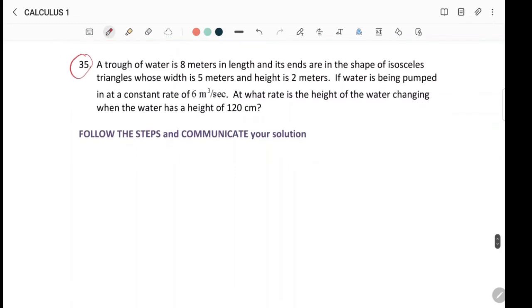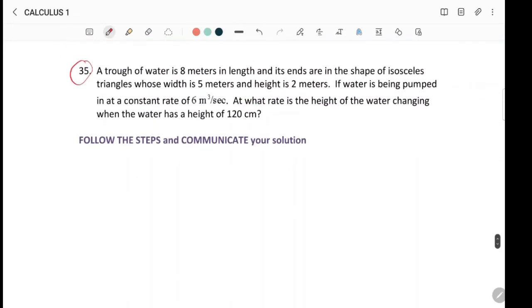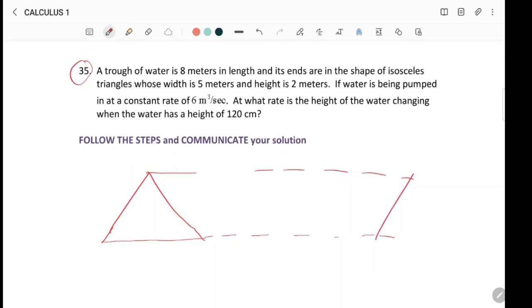So let me try to draw a trough of water which is 8 meters in length, but the ends are triangles. Here is one triangle and on the opposite side we have another triangle. This is a 3D picture, I cannot show it completely here.